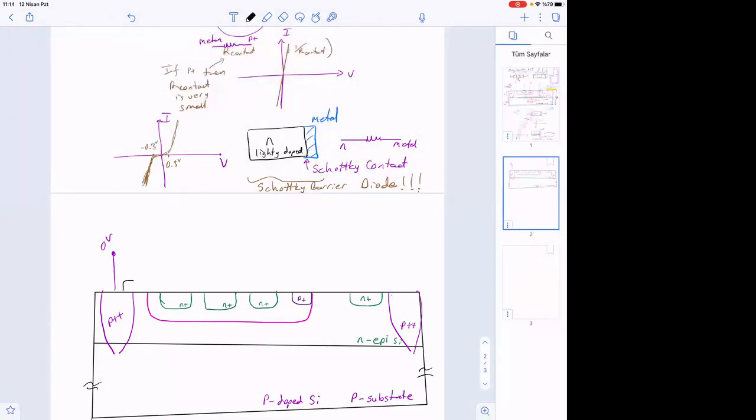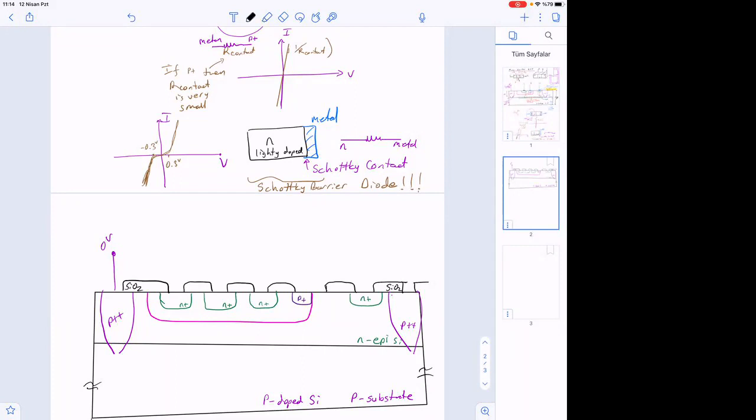Okay, so let me do this also. Typically we make first here silicon dioxide isolations. This is a more realistic drawing. Okay, so this is silicon dioxide. Silicon dioxide, that's an isolator.